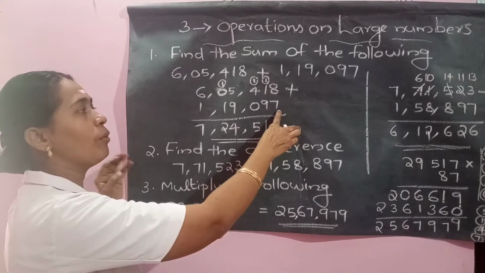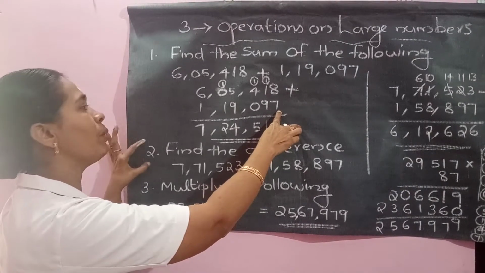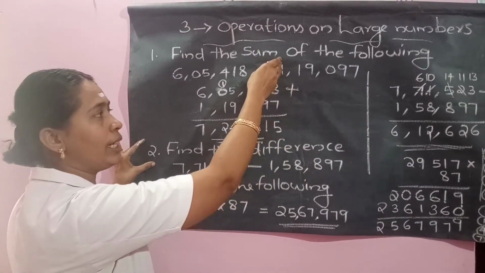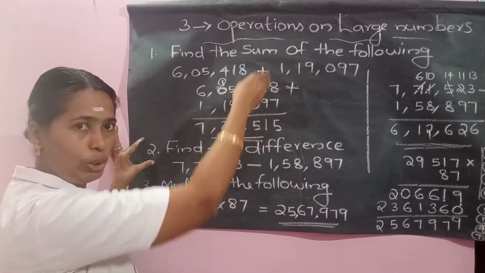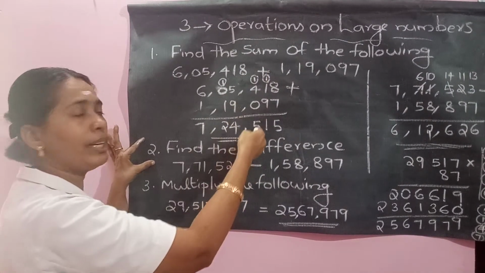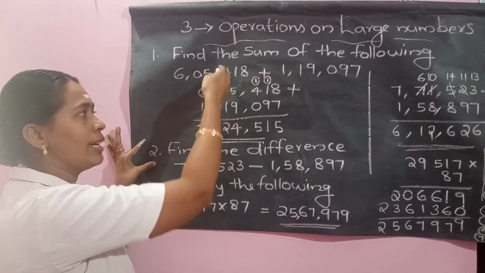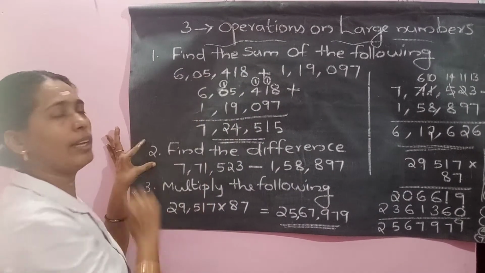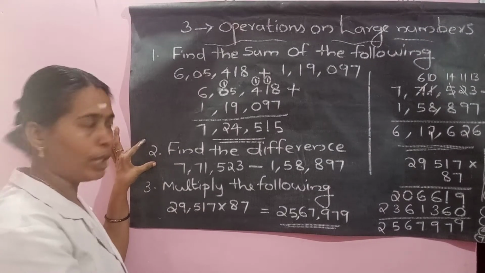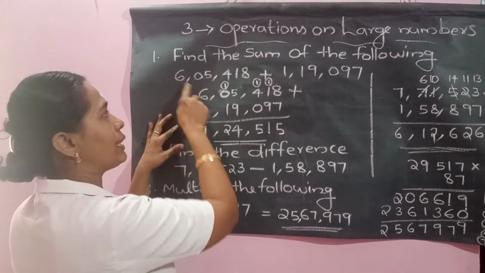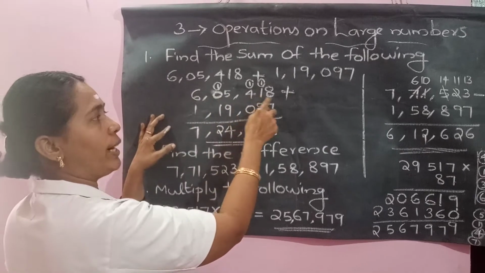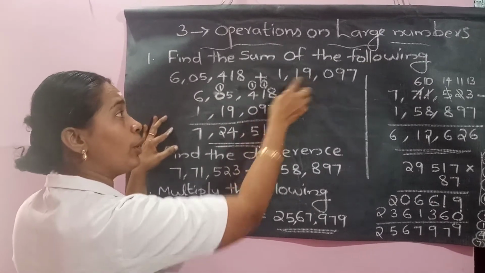First is the ones place, so keep the ones digits in the same column. In the second column, the tens digit; third column, hundreds digit; then thousands, 10,000 and lastly lakhs. Is it clear? So first you write the given number 6 lakh 5,418, plus, below you write the next number.